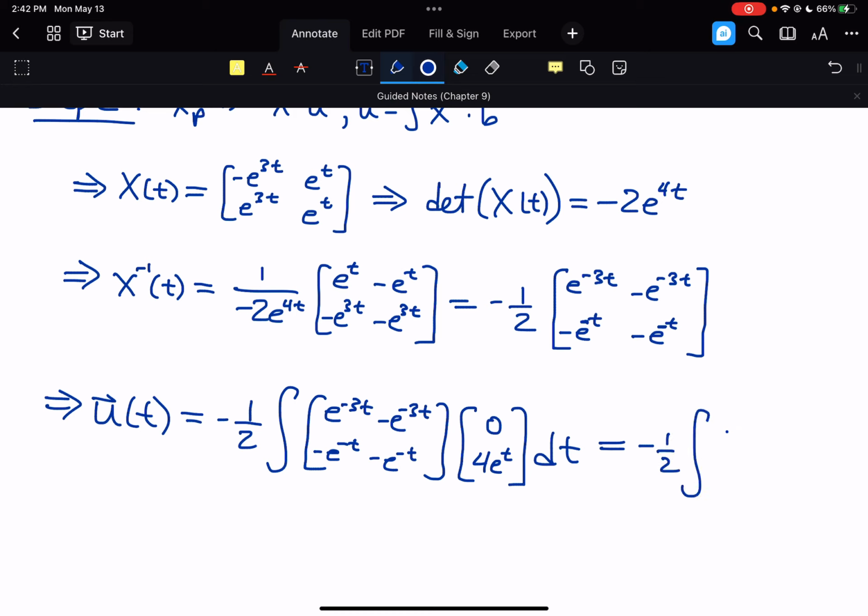So negative 1/2 is still there. We multiply these together, so we get 0 and negative 4e^(-2t) when you combine those exponents. And then 0 and negative 4e^0, so that's just negative 4, dt.